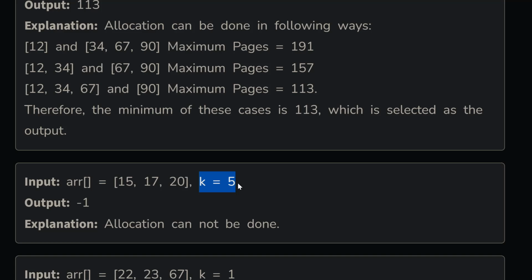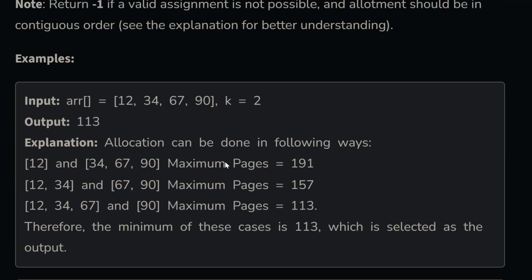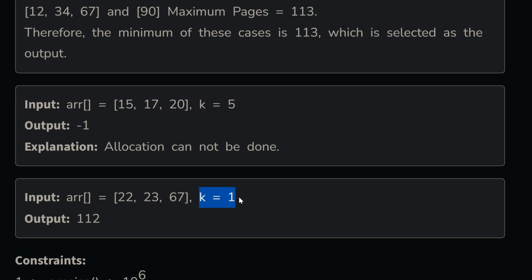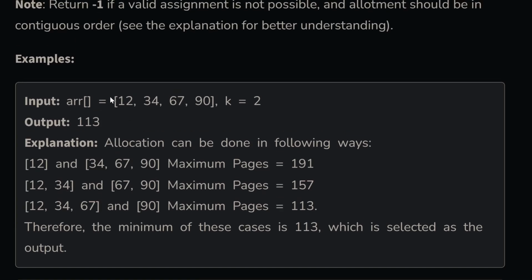So in this, allocation is not possible, so we need to return -1 if students k is greater than books. In this case it is possible. The answer is this. Now in this case there's only one student, so the single student will read all three books, so that's why the answer is 112. Now let's build the approach.